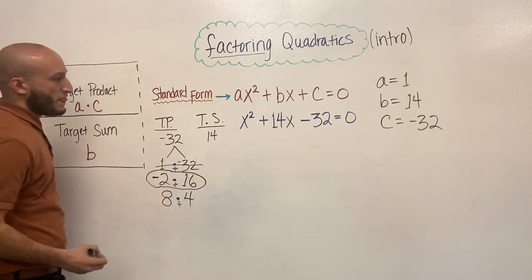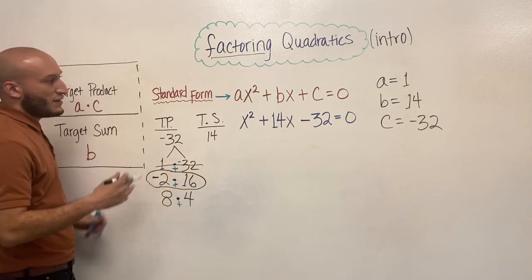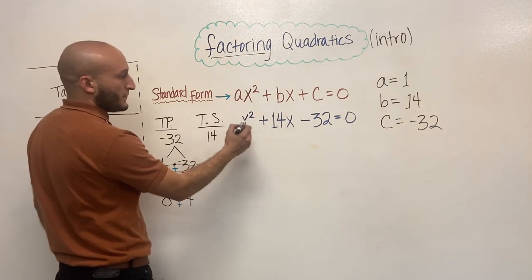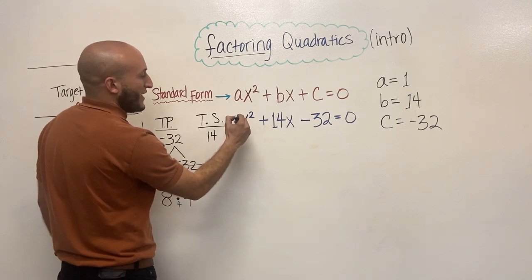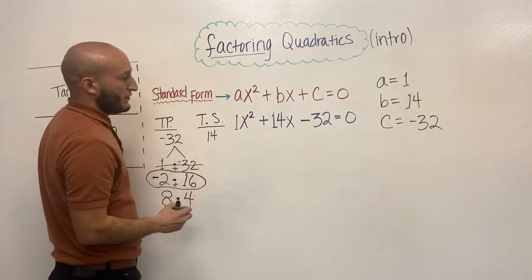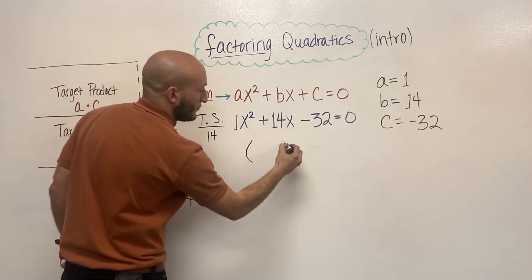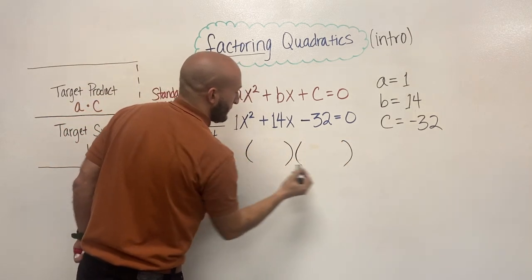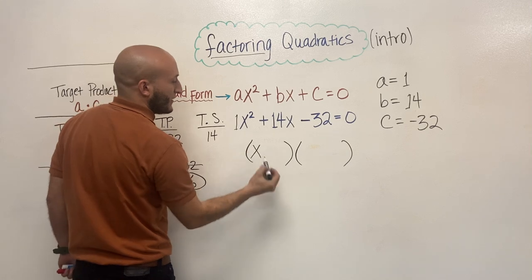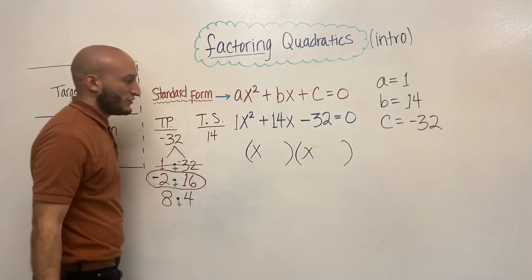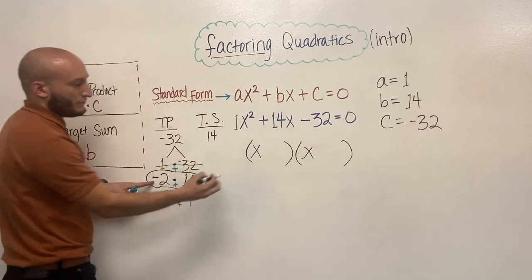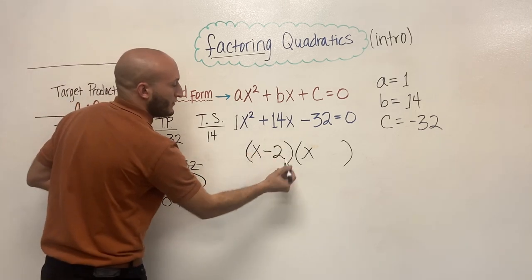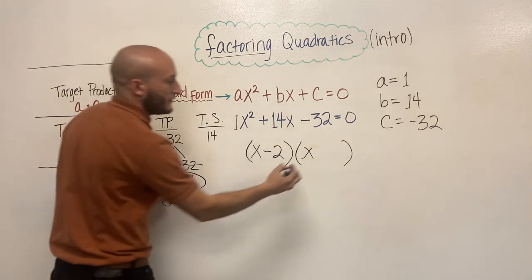So this will work. And once I figure this out, it's a piece of cake, because this is intro to factoring. If my a is 1, then I can go straight into my parentheses and write x for my first term on both. Then I have a negative 2, so I write minus 2, and a positive 16.